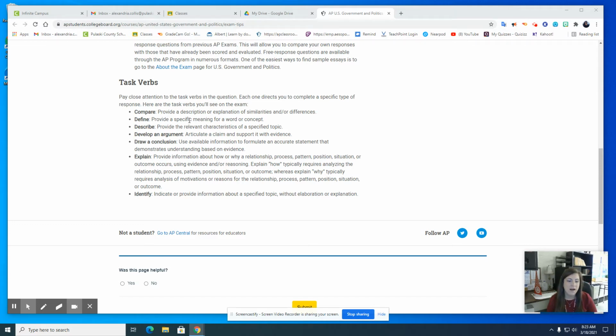Okay, so you're looking at a chart or some sort of graphic and you are making a conclusion based on that chart. If it asks you to explain, and this is the big one that I sometimes see issues with when I'm grading your FRQs, is you're not really explaining something. You're providing information on how or why. That's the big thing when it comes to explaining, getting to that how or that why.